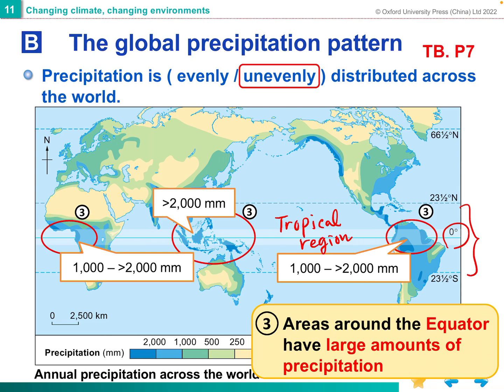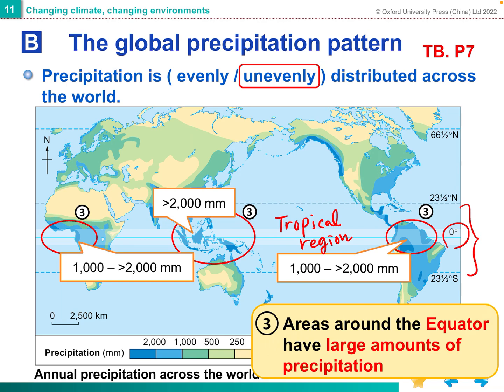Areas around the equator have the largest amount of precipitation. So that's why we have one very famous landform in the world, called the tropical rainforest, 熱帶雨林. Why is it called 雨林? Because it always has rainfall. So all classes should be at the same pace now.